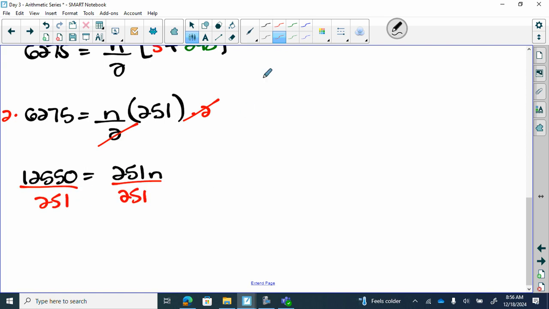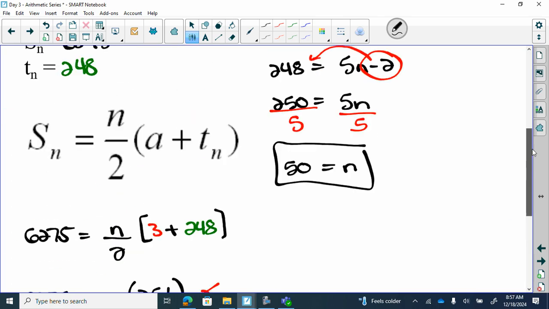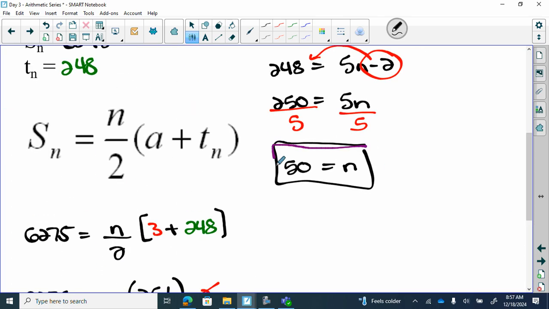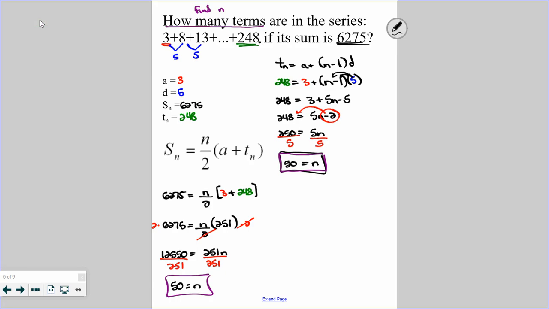Couple of options in that situation. I didn't have to use this way or the other. Both give me the same answer of n equal to 50. There are 50 terms. Now, do you have to show both? Do you think I'm expecting that?